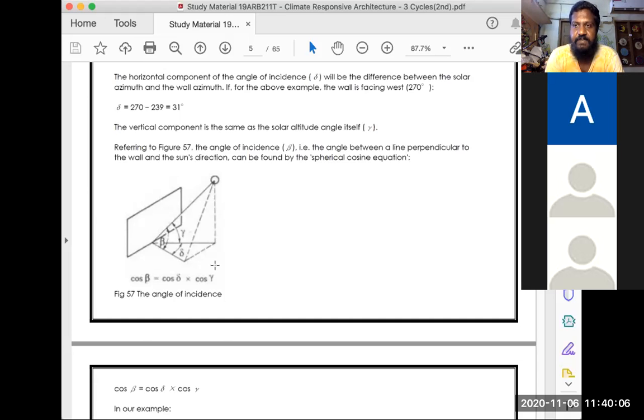If your wall is facing south, your perpendicular angle is 180. If your wall is facing west, your perpendicular angle is 270 degrees. And the perpendicular angle to the north is 360 degrees. Okay. So this way, you will find out the perpendicular angle.